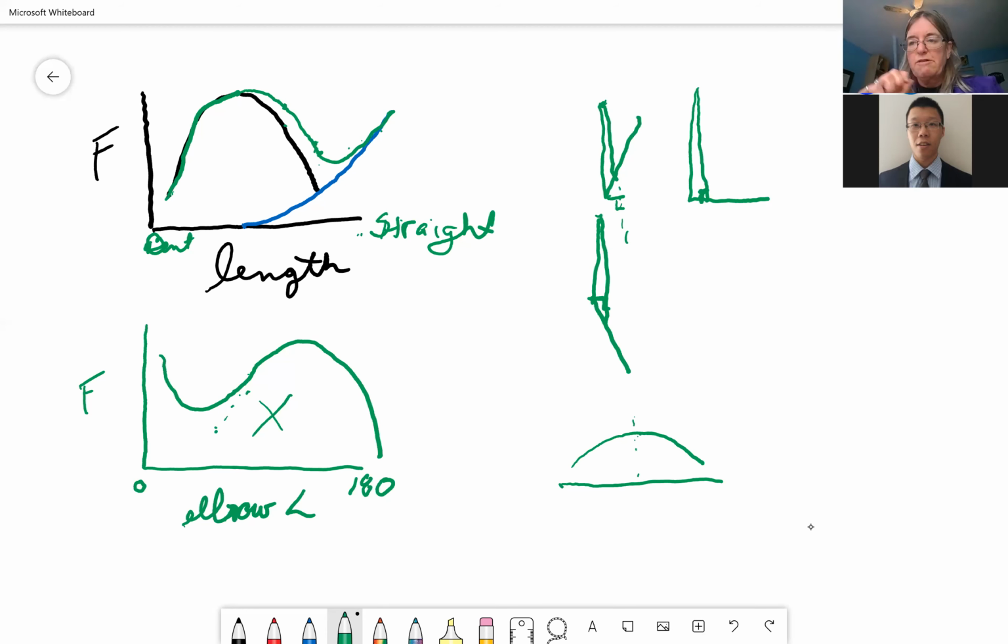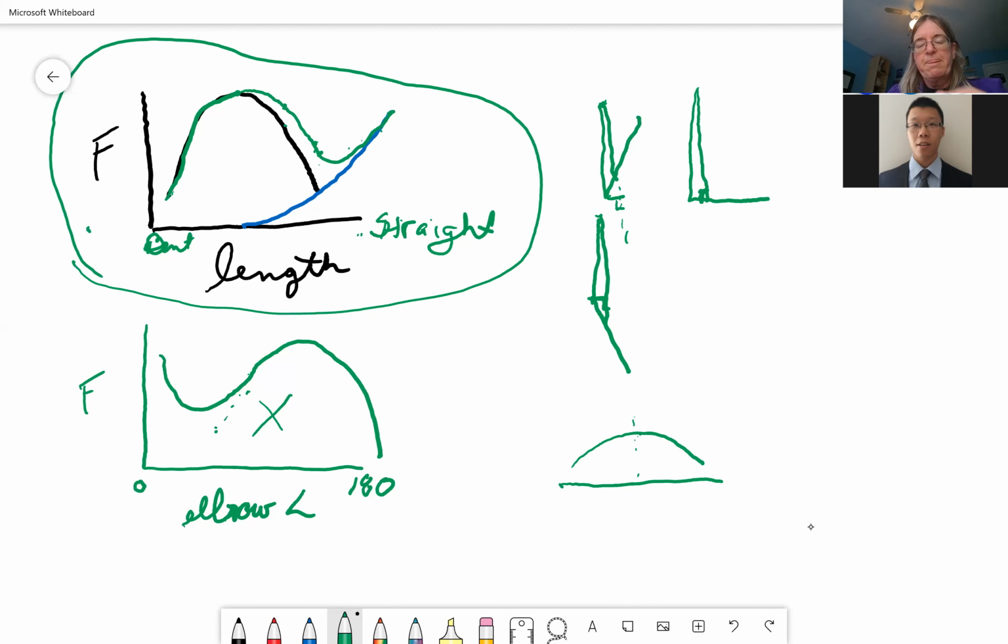So in terms of force length, you get this. This is purely force length. In terms of, and I can't remember if the question asks it, that's the force of the muscle.